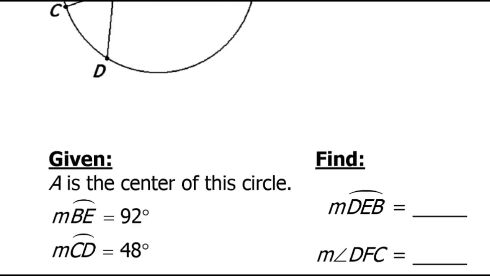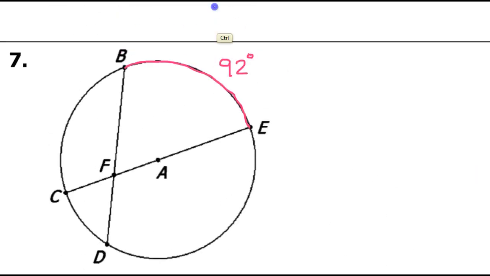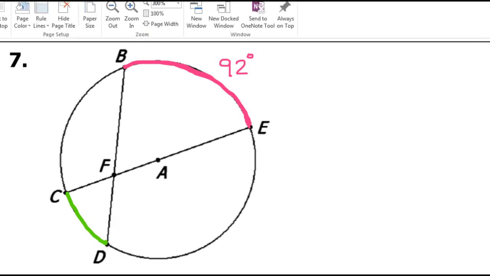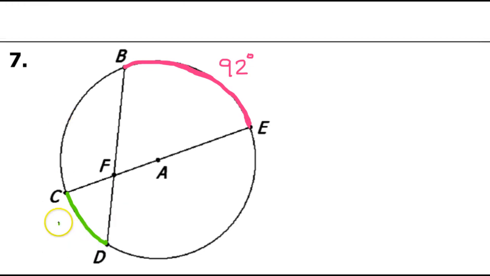Arc CD is 48. Here, I meant to make this darker. Okay, arc CD is 48 degrees. All right, that's what we have so far.